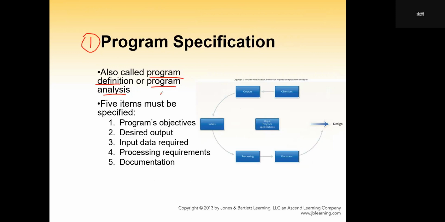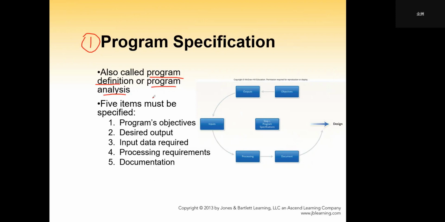So we define the program. During this process, there are 5 items that need to be specified, need to be very clear, so that we can design the algorithm.